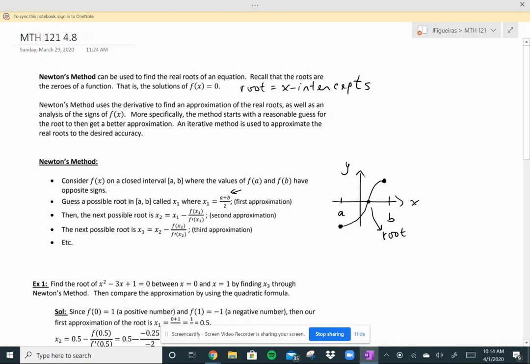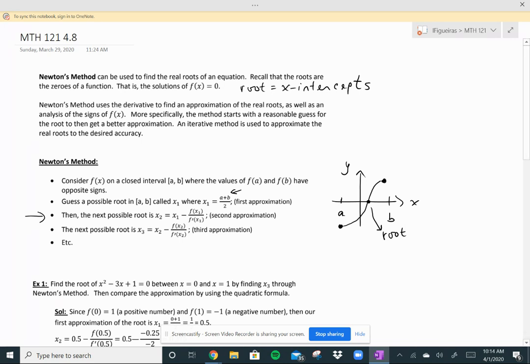So here's the formula for Newton's method. That's what you see right here: your second guess for the root is that x sub 2 is equal to x sub 1 minus f of x sub 1 divided by f prime of x sub 1. So that's your second guess, and the second guess gets you closer to what the actual root would be.